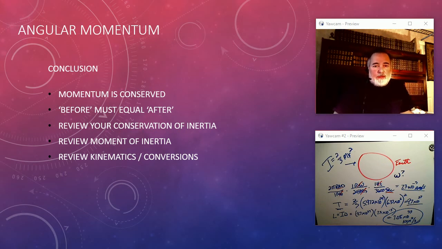And review kinematics and conversions. You may have to convert like I did here. Or if given rads per second initially and then taken to rads per second final, obviously you have rotational kinematics concerning getting the alpha, rads per second squared. So there you have it, angular momentum. And good luck.